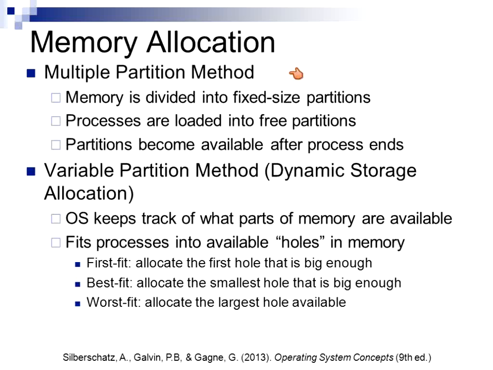A lot of times your memory space is divided into fixed size partitions, and processes are loaded into those free partitions. So a partition is a certain number of blocks in memory, and when a process is ready to be run, it's simply loaded into a partition, and then it runs. So if we have 5 partitions, we could have 5 processes loaded.